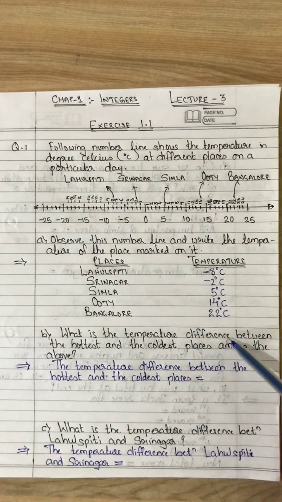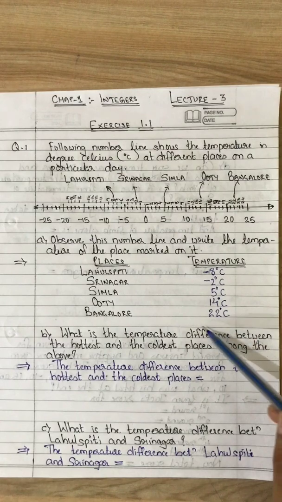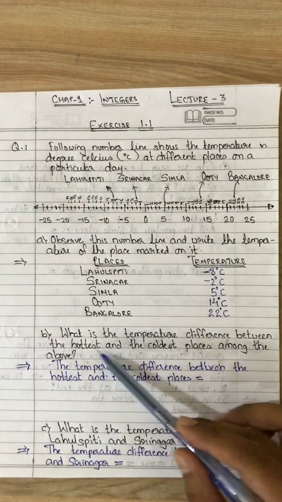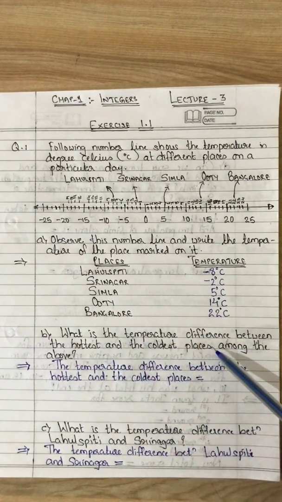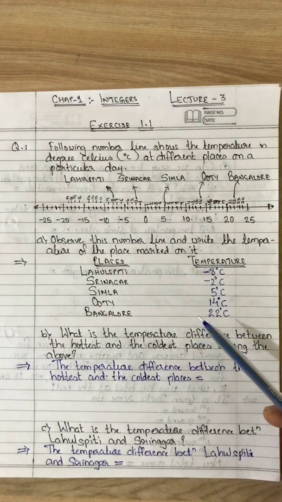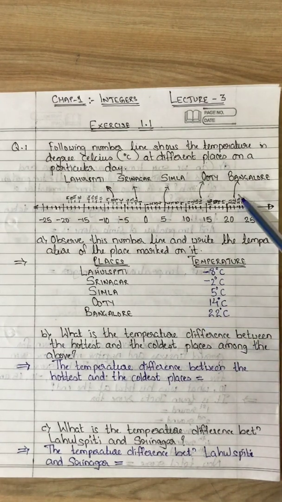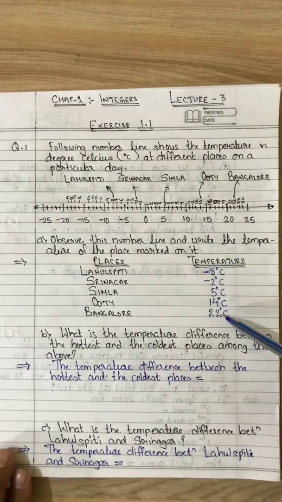Wherever they have given you difference in mathematics language, difference is to subtract. Now to subtract between what? Hottest and the coldest places. Now students, we all know the place whose temperature is highest in degree Celsius will be the hottest one. So here which is the highest degree Celsius? It is Bangalore.